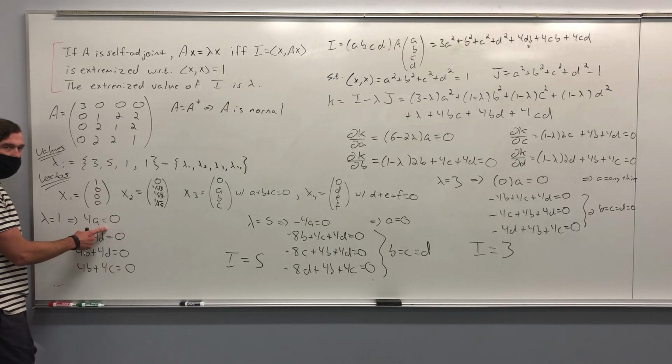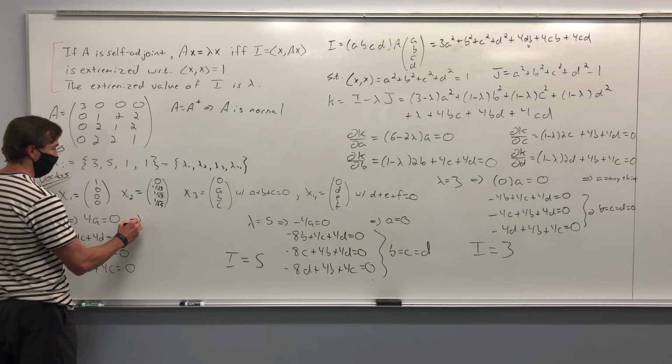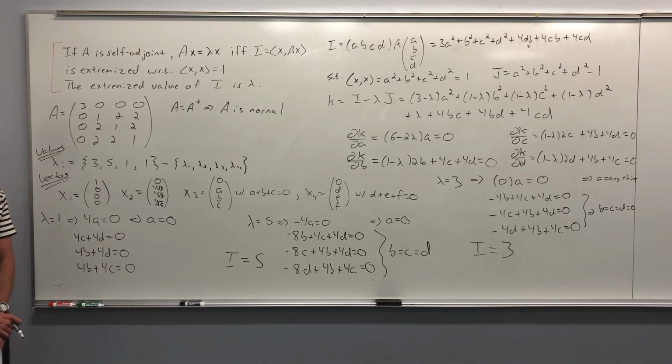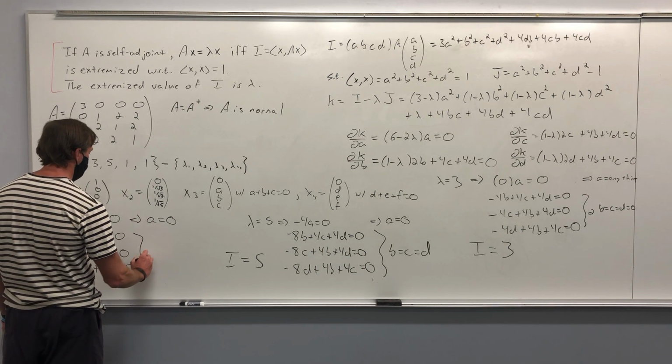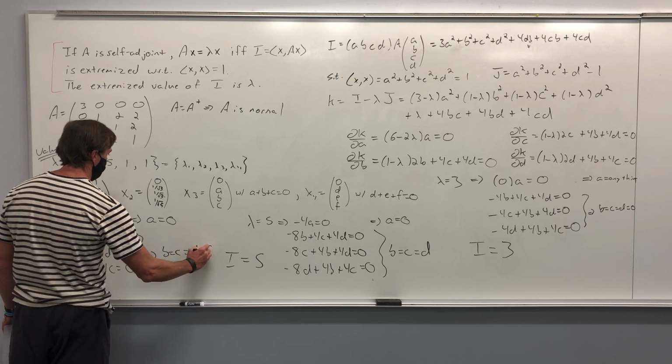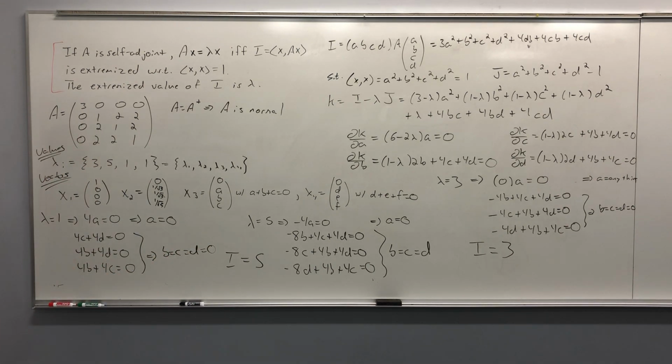What does this tell you about A? What do these tell you about B, C, and D? They have to add to 0, so they have to be 0. Well, they do add to 0, but it's not very interesting.